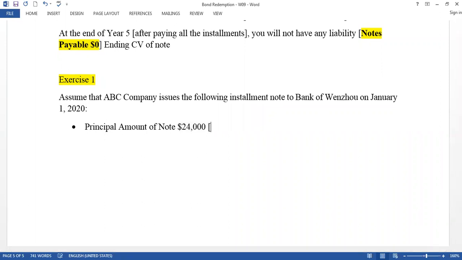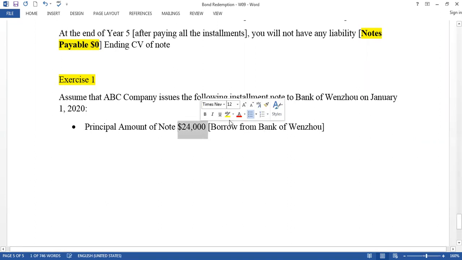That means you borrow this money from Bank of Onjo. So today you borrow $24,000 cash from Bank of Onjo. And this is an installment note.